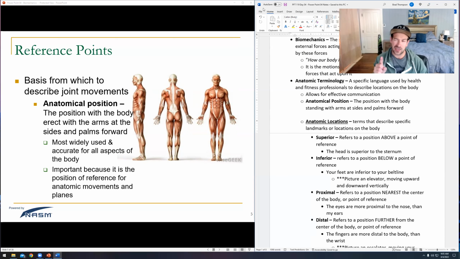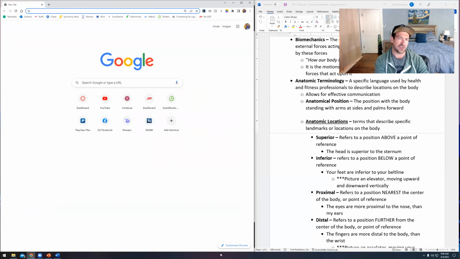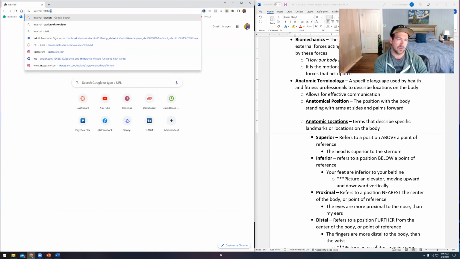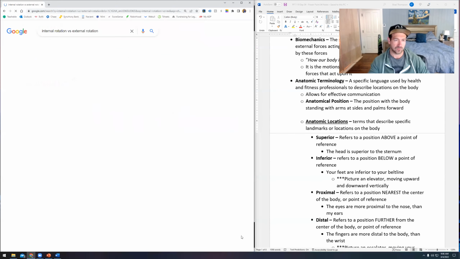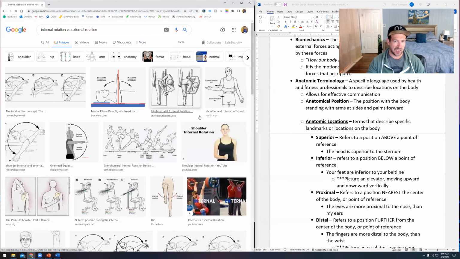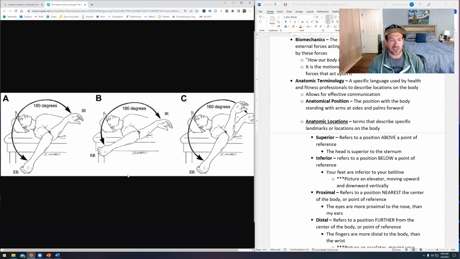My favorite example of this that makes it very clear is, in a little bit, we're going to talk about the difference between internal rotation and external rotation, right? Let's see if I can find a good picture. Yeah, actually that's great. We'll use the rotator cuff picture here. So here's an example of internal rotation versus external rotation, right?